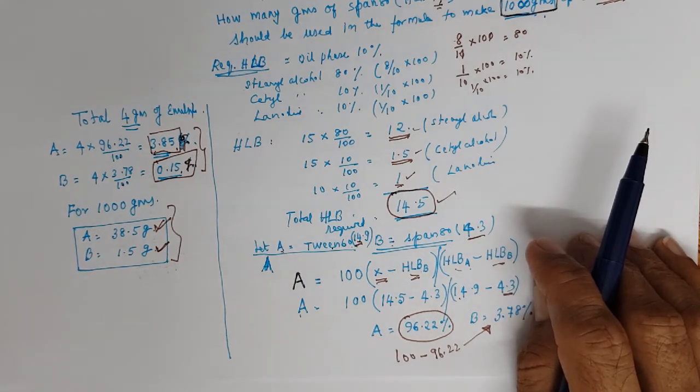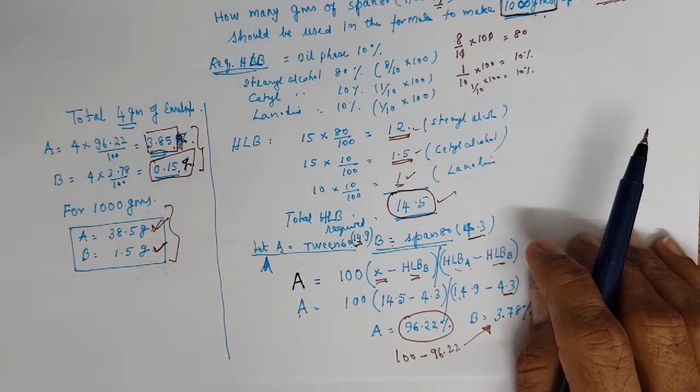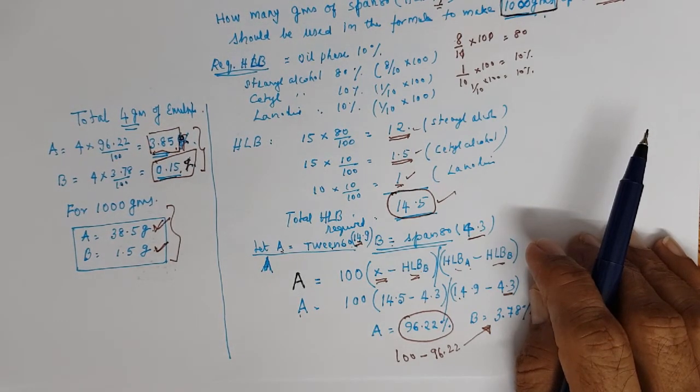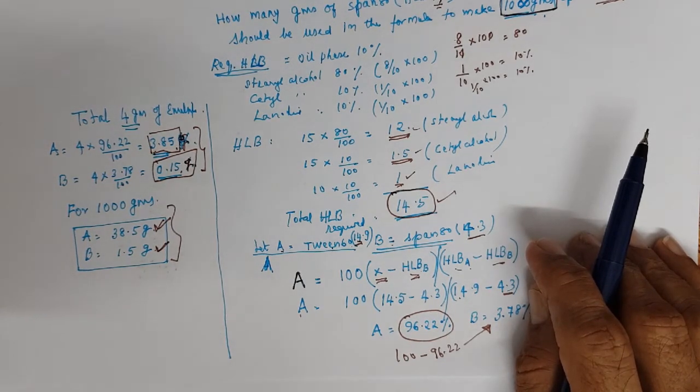One can be a very low HLB emulsifier, an HLB of 4, the other can be an HLB of 15. How can you combine these emulsifiers to get the required HLB value for your formula? This is how HLB is calculated, and this is the concept of hydrophilic lipophilic balance, right?